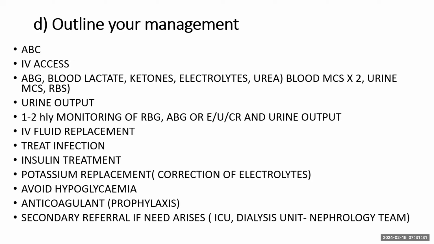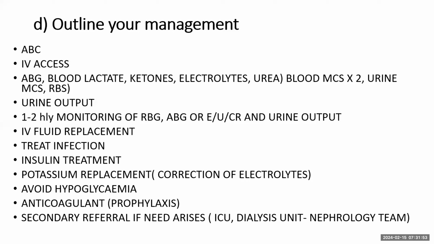Oftentimes, if the IV fluid replacement is adequate, sometimes you might not need to go further to give insulin because it tends to even correct and bring down the hyperglycemia. Then importantly, again, I want to treat the infection, which is the likely precipitant in this patient.